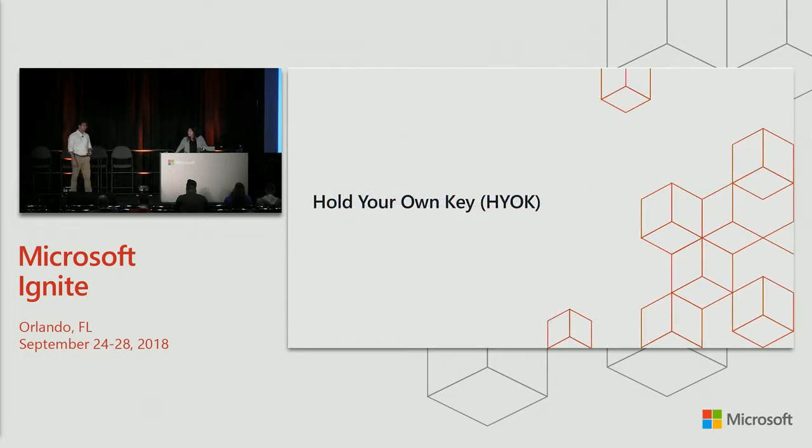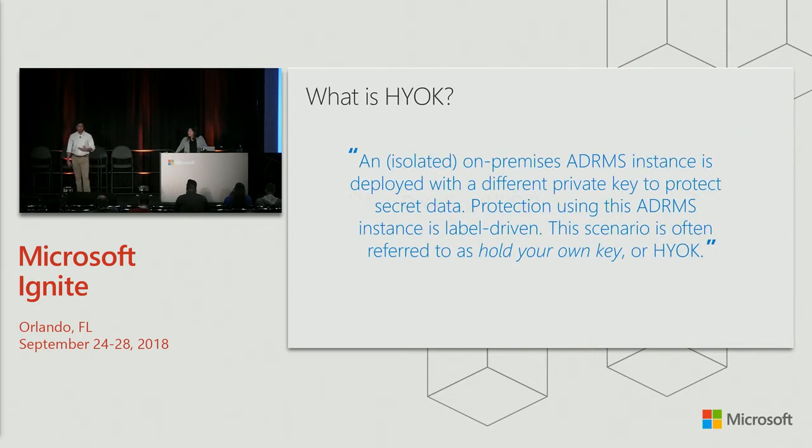Let's talk a bit about hold your own key. Now, hold your own key is unique and different in its own way, and this will require some discussion. When you use an isolated ADRMS instance that's deployed on premises with a private key that is separate from what you use in the cloud, then this scenario is called hold your own key.